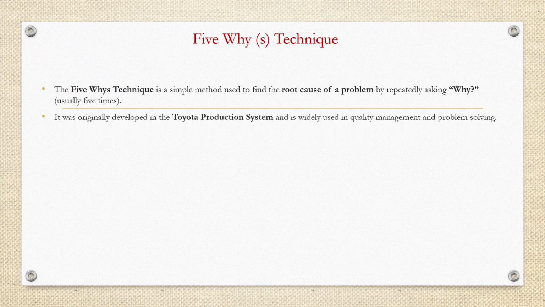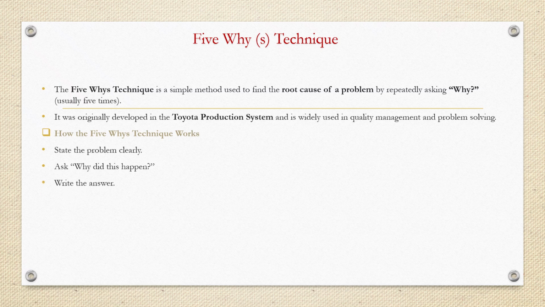This technique is a simple method used to find the root cause of a problem by repeatedly asking why. It was originally developed in the Toyota production system and is widely used in quality management and problem solving. How the 5 whys technique works.